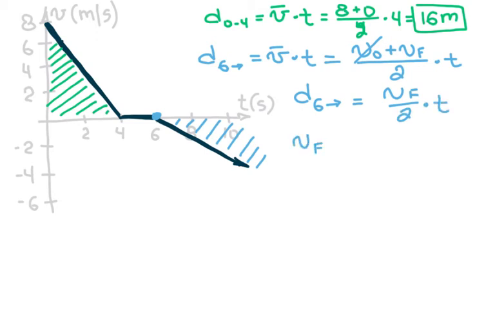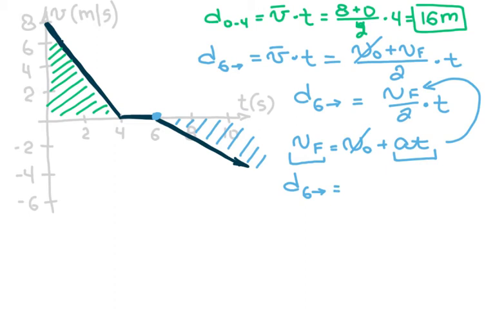But final velocity is equal to initial velocity plus the acceleration times the time. But again, initial velocity is 0. Then I can say that the final velocity is equal to acceleration times the time and plug it into my equation. So the distance traveled after 6 seconds on is equal to, instead of the final velocity, acceleration times the time over 2 times the time, or 1/2 at squared.